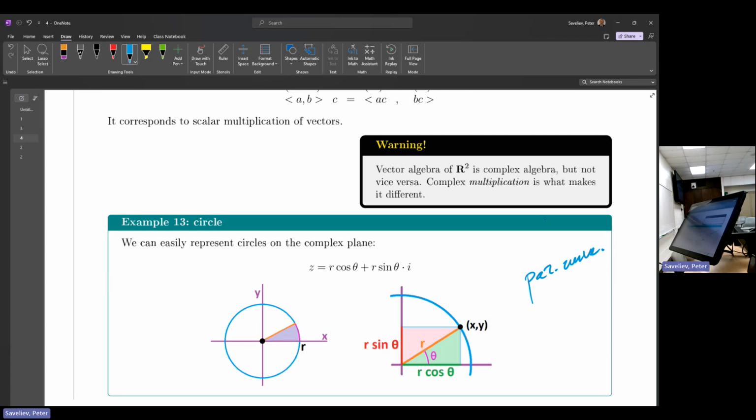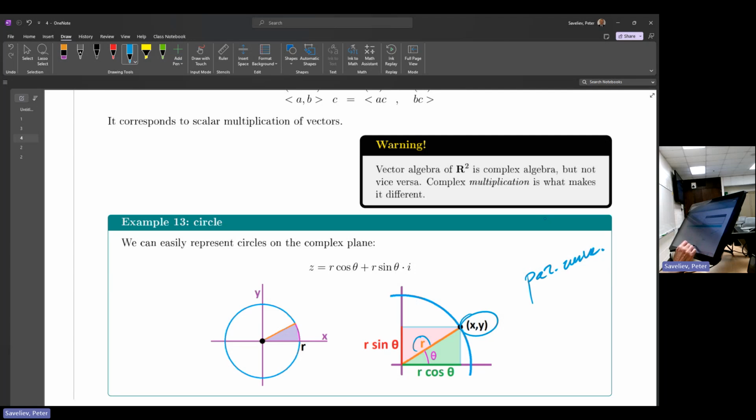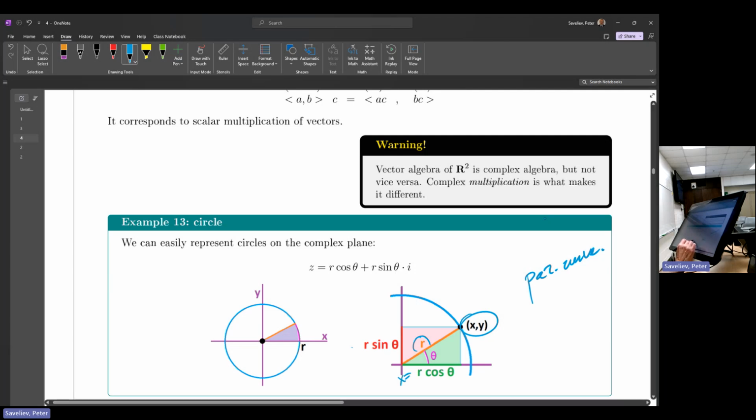So then we can express our complex number. This is still point xy, but it can be expressed now in terms of sine and cosine of the angle. If the distance to the point xy is r, then the coordinates of that vector are x equals r cosine theta, and y equals r sine theta.